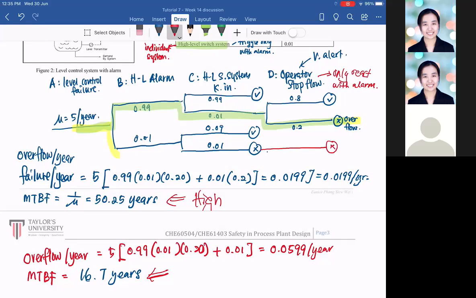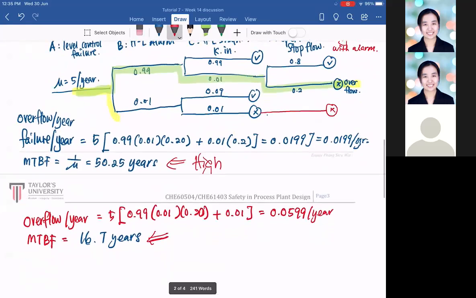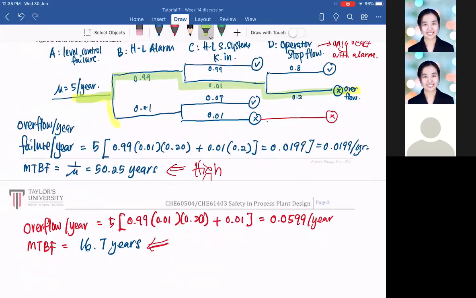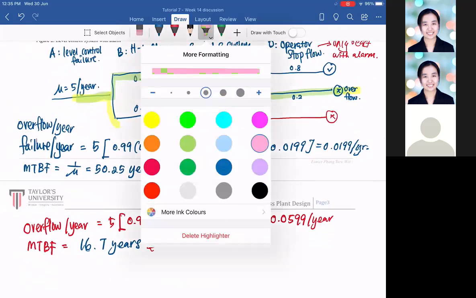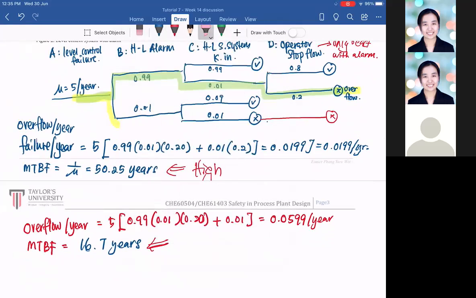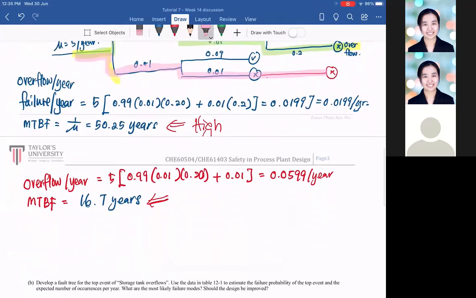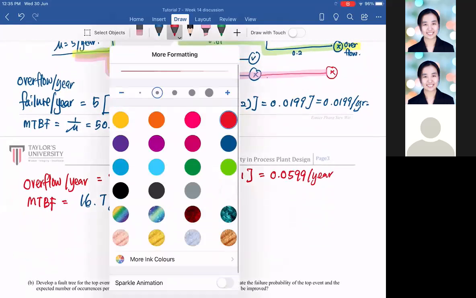Okay, so let's see, now we have different situations. This one, this one, this one. Okay, so now let me use a different color, a purple color.